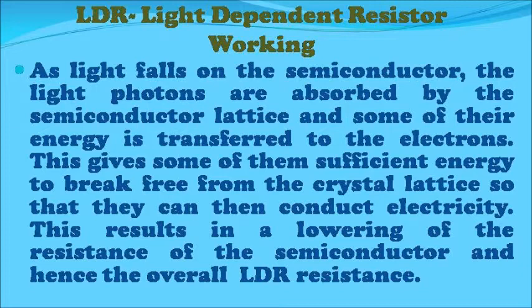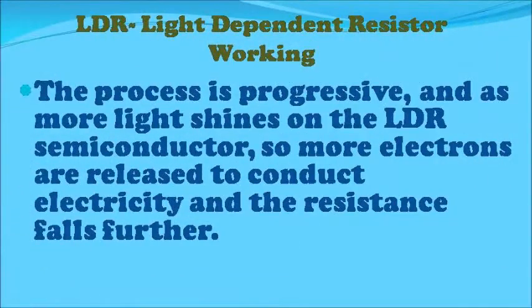This results in a lowering of resistance of the semiconductor and hence the overall LDR resistance. The process is progressive, and as more light shines on the LDR semiconductor, so more electrons are released to conduct electricity. The resistance falls further.